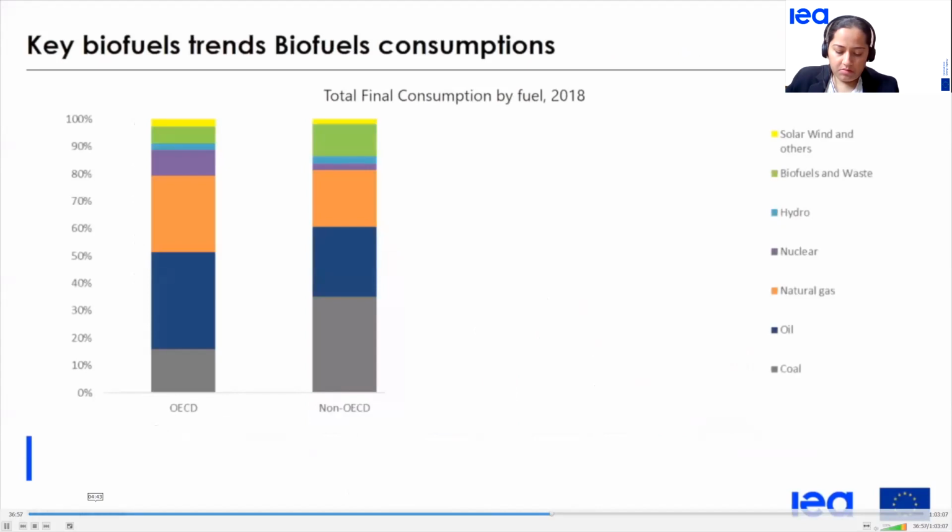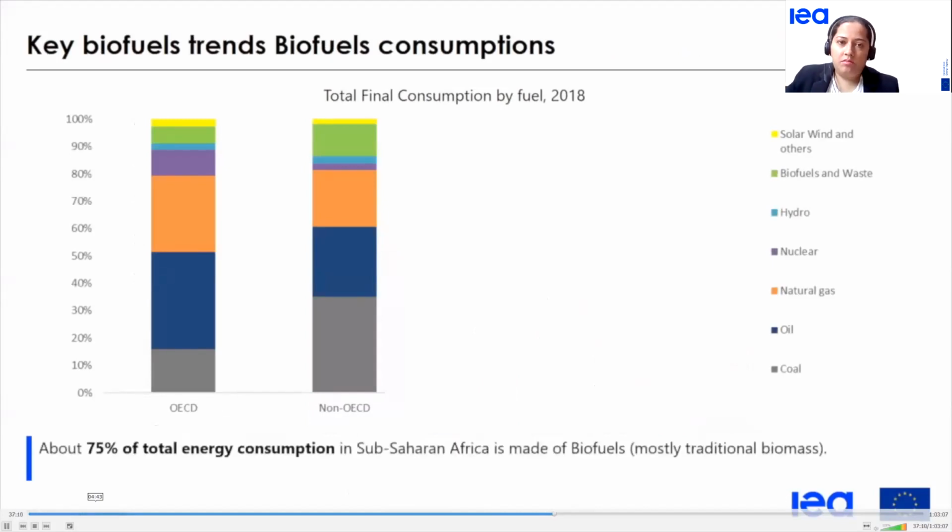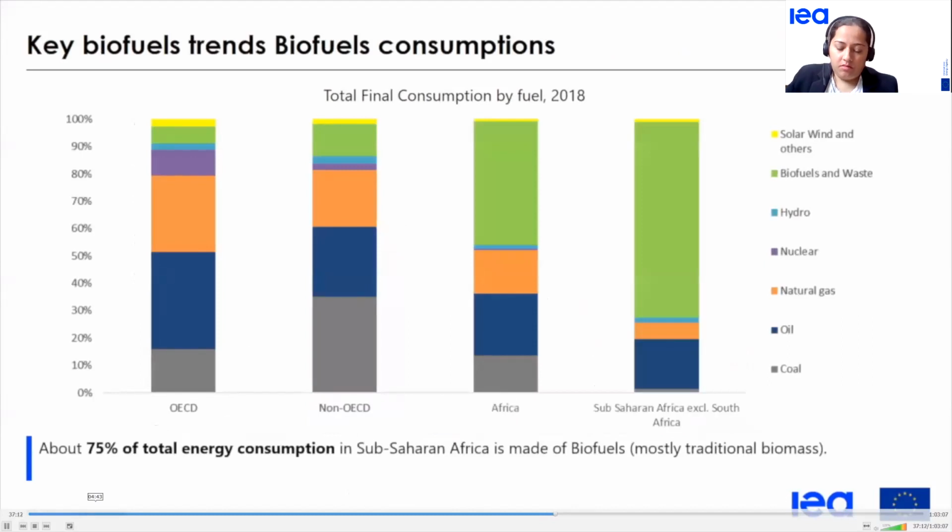Now we focus a little bit more on the biofuels part, which are, as we said before, important in Africa. So here is a reminder of the previous slide we showed before. So in sub-Saharan Africa, around 75% of total energy consumption is made of biofuel and mostly traditional biomass.